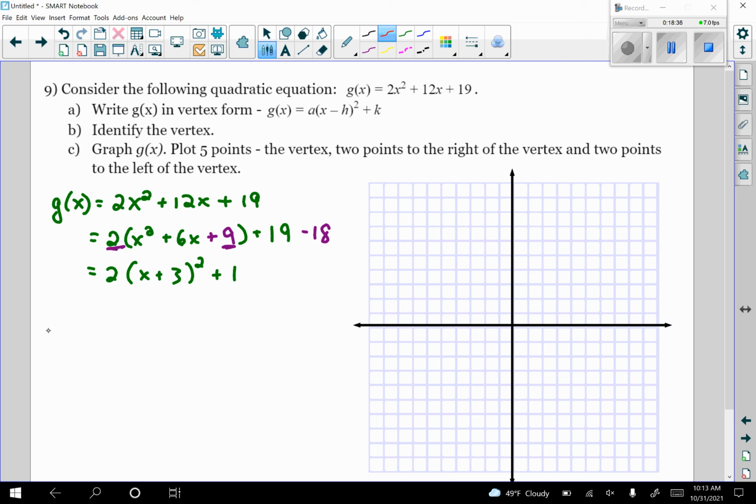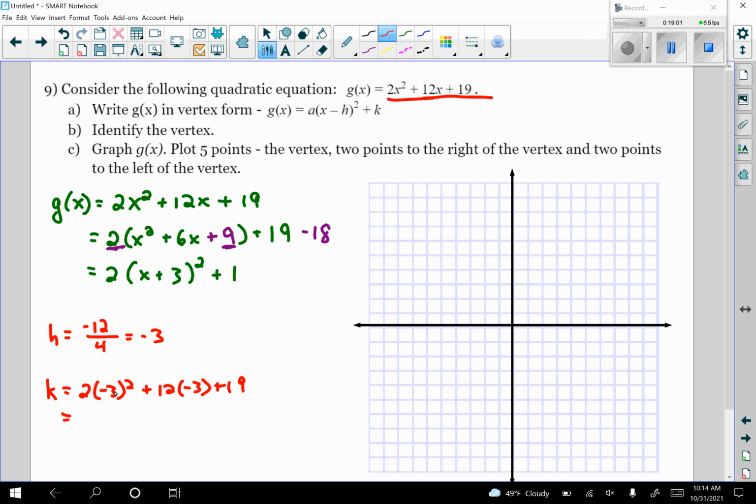Now you could do this by finding h as well. So h will be the opposite of b, so that's going to be a -12, over 2 times a, so 2 times 2 is 4, so that's going to give us a -3. And then k is going to become 2 times -3 squared, I'm just following this, plus 12 times -3 plus 19.